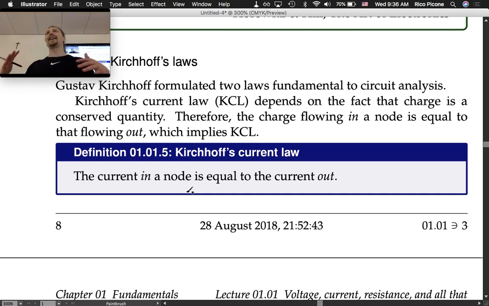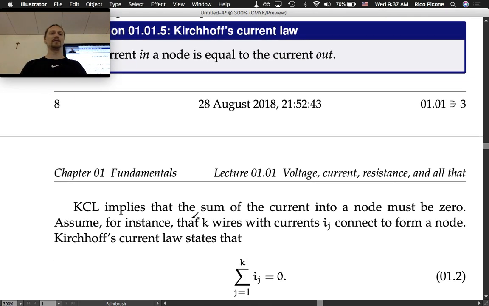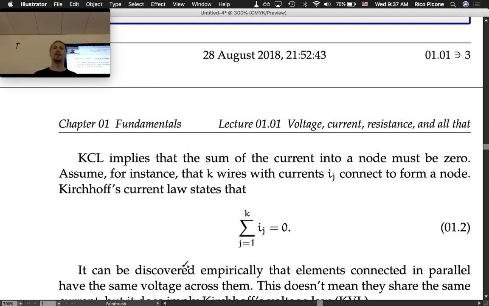And the node is all at the same potential. We don't have any discrete elements in there, so we're talking about essentially nodes in your circuit, right? So current in is equal to current out. KCL implies that the sum of the currents into a node must be 0.